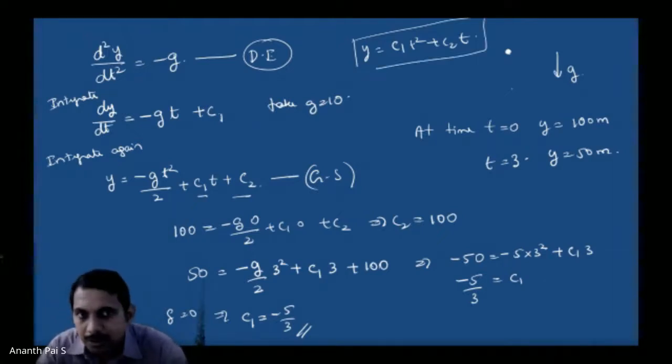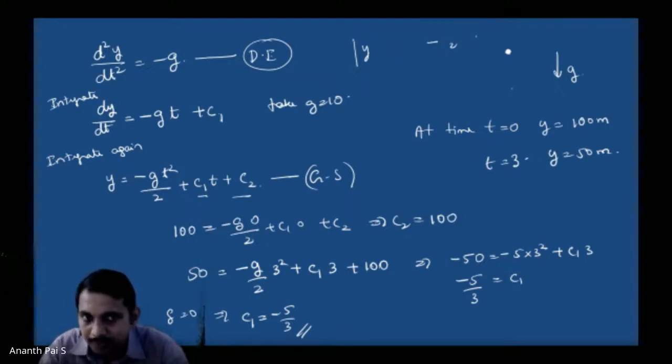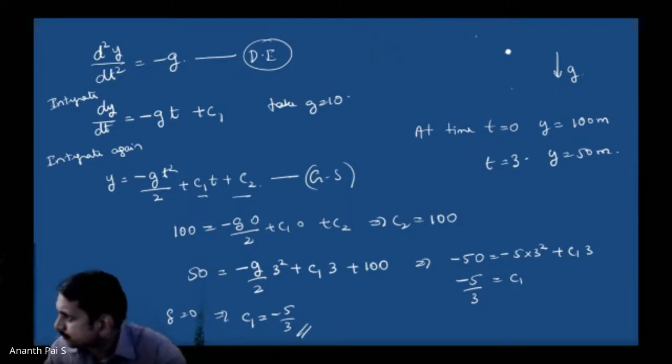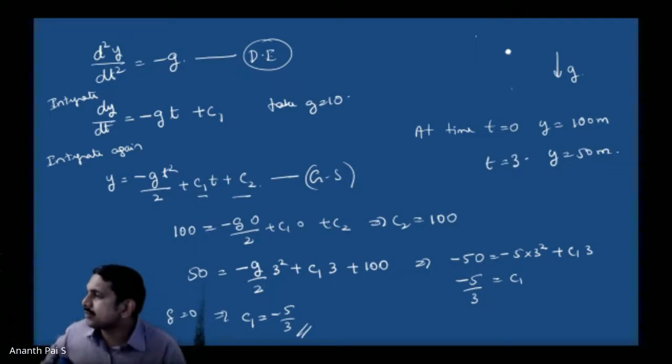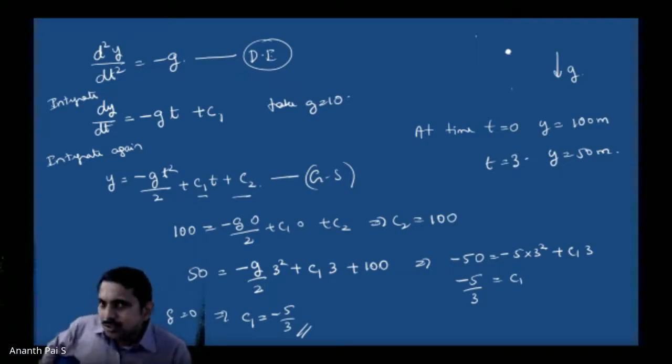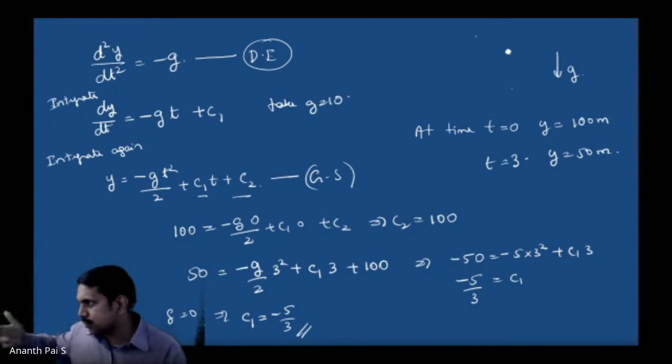This one can also form the solution. You'll get some other function. G into T square is also a solution. G into T is also a solution.